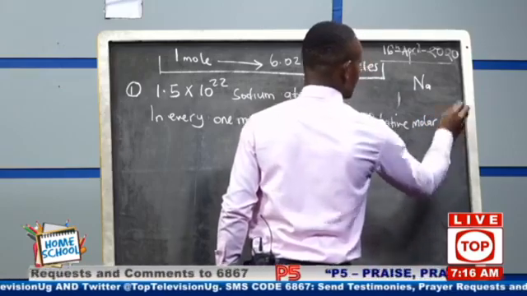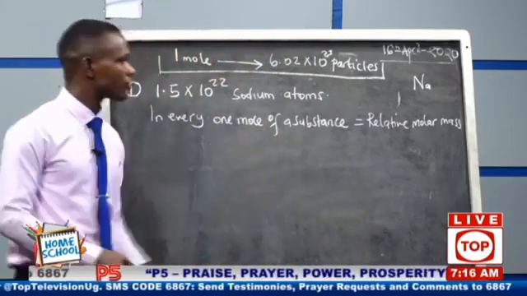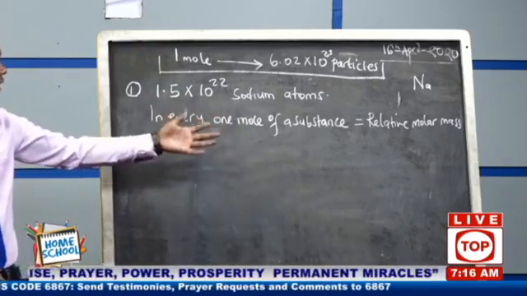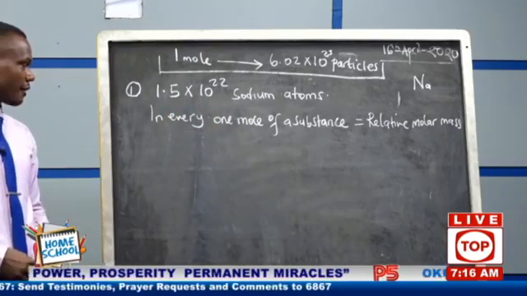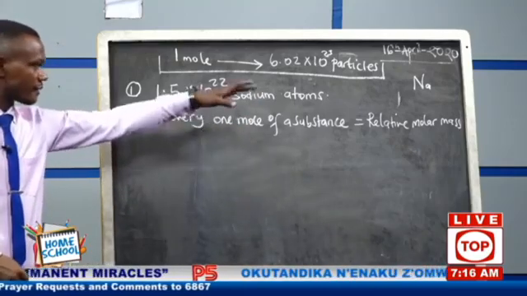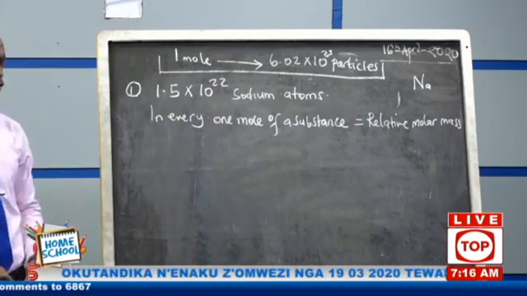And we said relative molar mass is the same as relative atomic mass. Don't confuse the two. If you don't find the word relative molar mass, you'll find the word relative atomic mass. It is the same. So once you know that every 1 mole of a substance is equal to the relative molar mass, you'll be able to calculate this question.